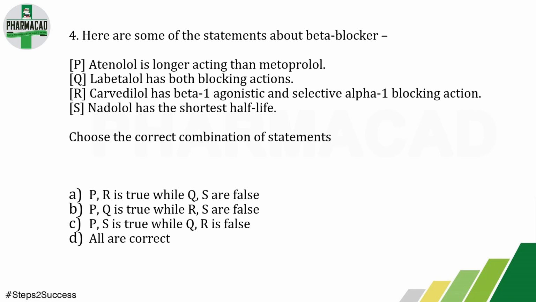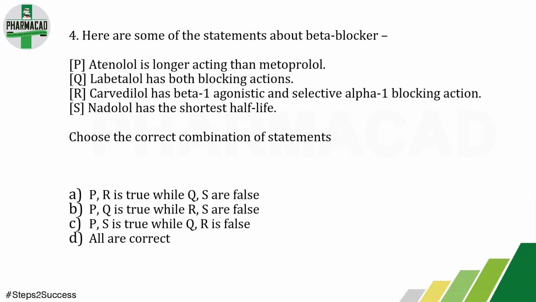Next question. Here are some statements about beta blockers. Let's look at them one by one. First statement is atenolol is longer acting than metoprolol. Second statement, labetalol has both blocking actions.